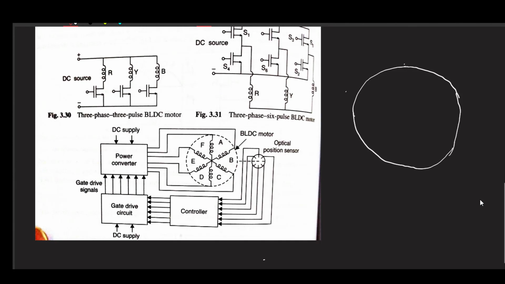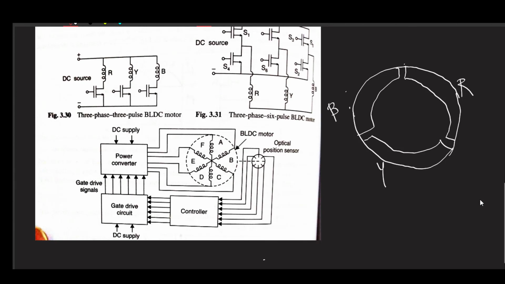Say this is your R, Y, and this is B. Now clearly they cannot, means how you can connect them.